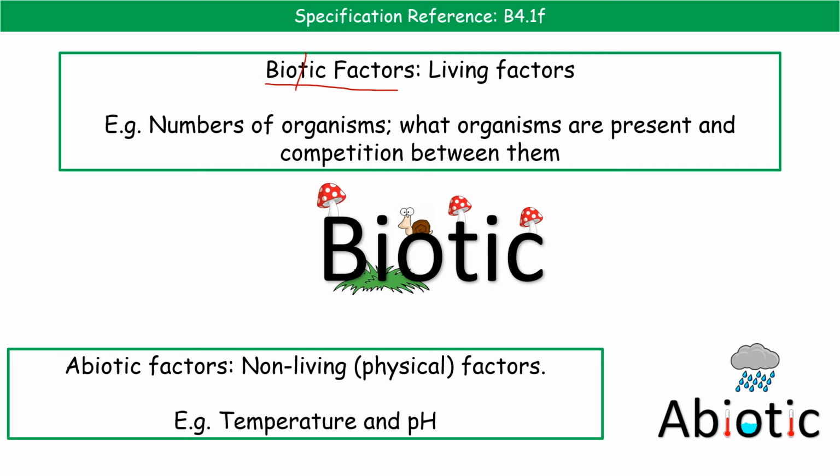This is all to do with some kind of living organism and how it's interacting. Second option, the abiotic factors. These are non-living factors, the physical ones. Temperature, pH, light intensity, all of those are abiotic, non-living factors.